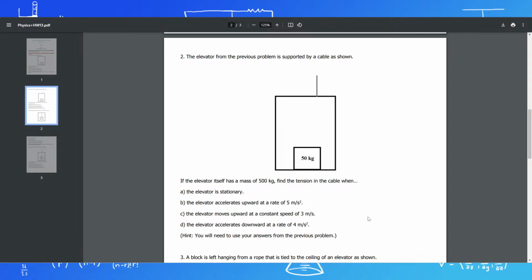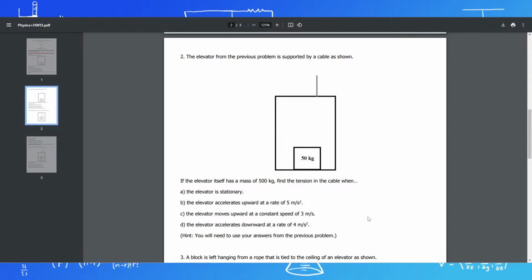So let's look at case A, where the acceleration is equal to 0. That means that, well, I guess I should write it over here. So net force on the elevator is equal to the mass of the elevator. I'll use capital M for the elevator so that we don't confuse it with the box, times the acceleration of the elevator.